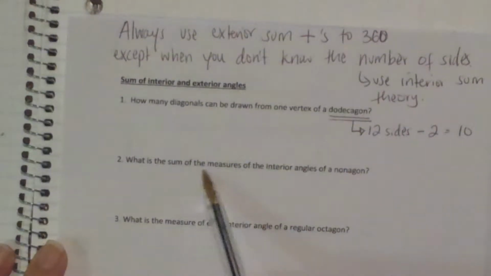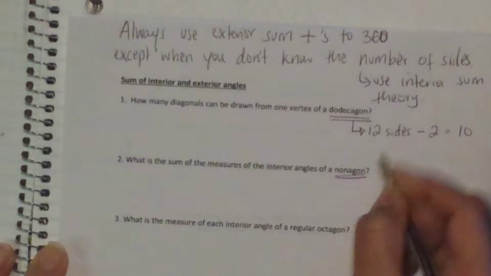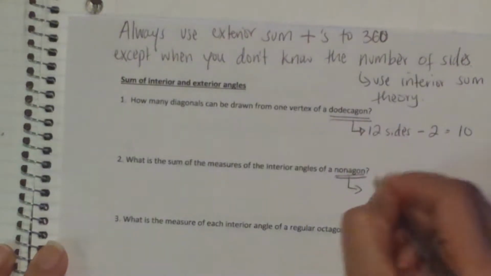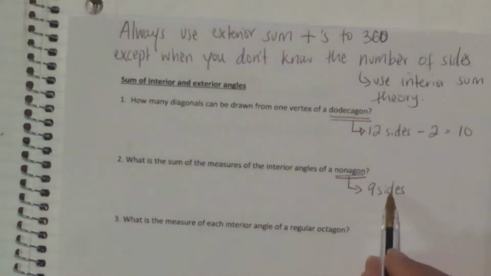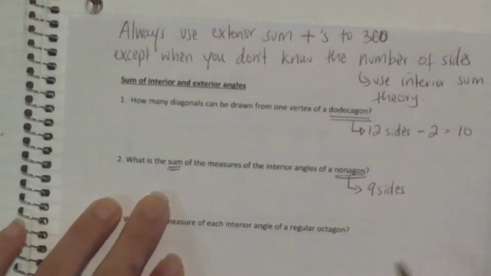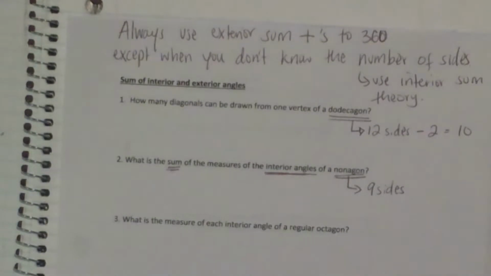All right, what is the sum of the measures of the interior angles of a nonagon? How many sides is a nonagon? 9 sides. Now let's look at what the question asks. What is the sum? That means you're going to add all of the interior angles together. Now remember what I said. We're always going to start from the exterior to find anything, except if we don't know the number of sides.